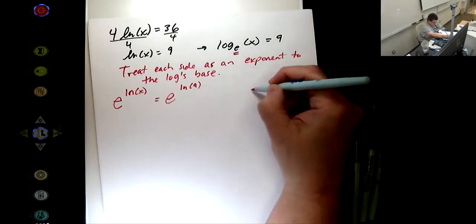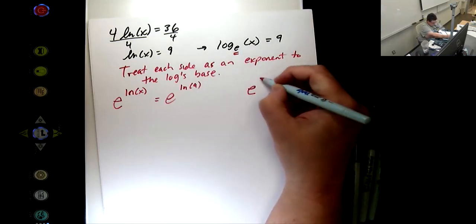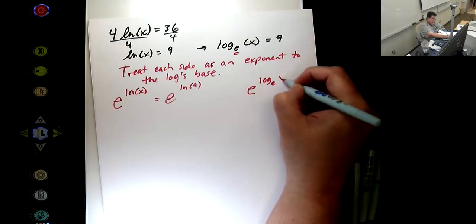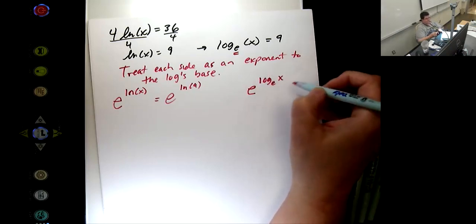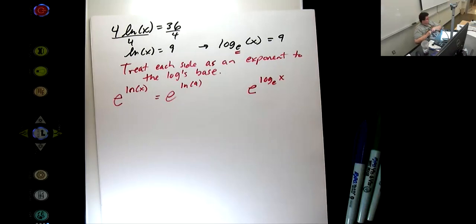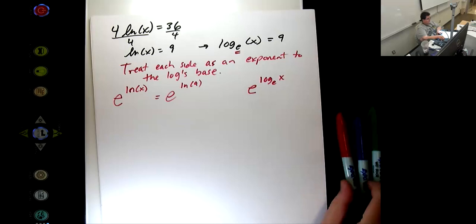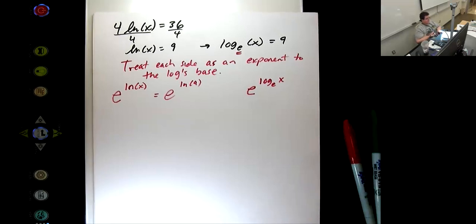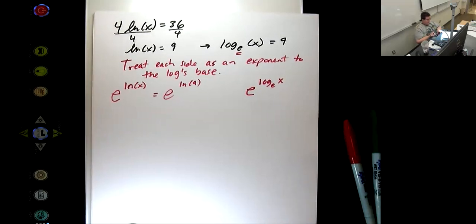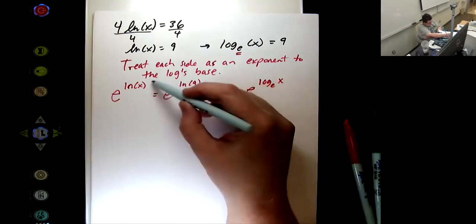And that e to the ln of x is really e to the log base e of x, just showing that another way.